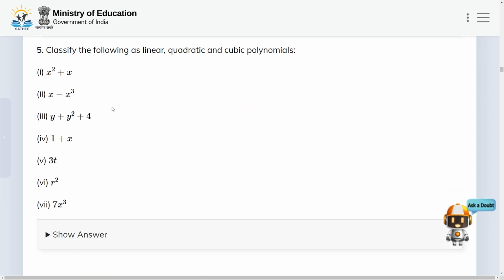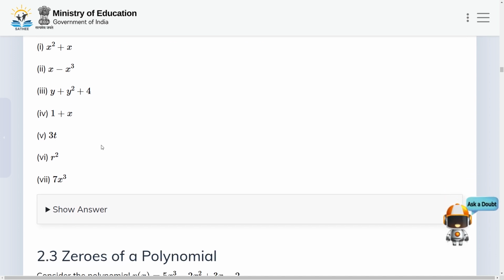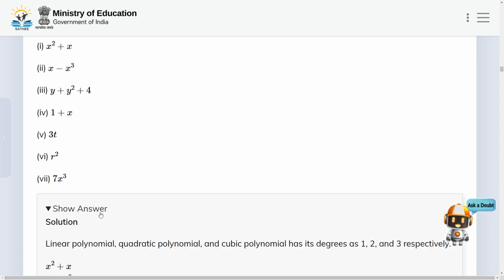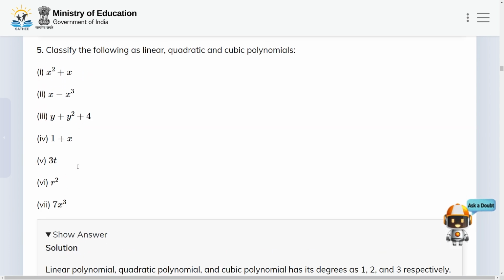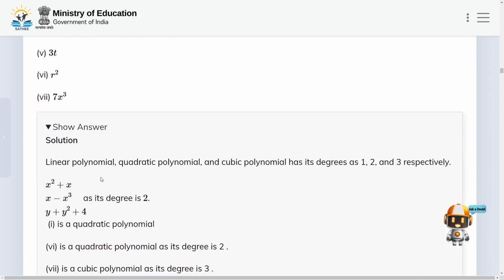In the next problem, we have to classify the following as linear, quadratic and cubic polynomials. In our previous lecture we studied linear, quadratic and cubic polynomials. A linear polynomial has degree 1, a quadratic polynomial has degree 2, and a cubic polynomial has degree 3. So in the first one, we have x squared plus x.